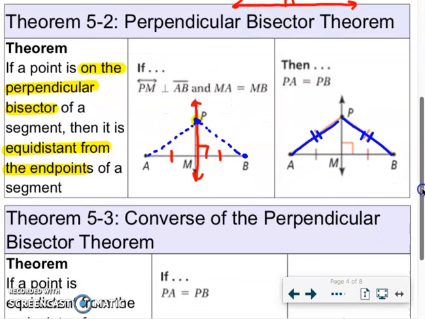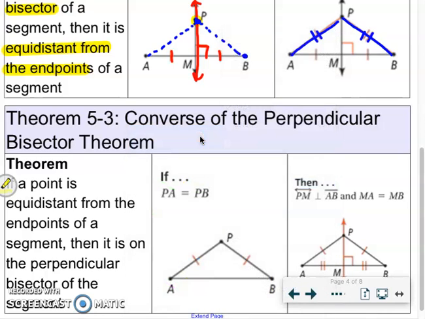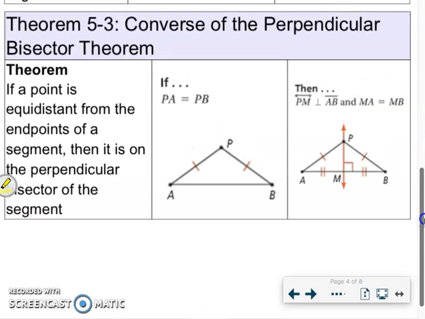This works backwards, so there's a converse to it. If I were to highlight again, I'd be highlighting the same phrases, but in the reverse order. If a point is equidistant from the endpoints of a segment, the only way that happens is if it is on the perpendicular bisector.